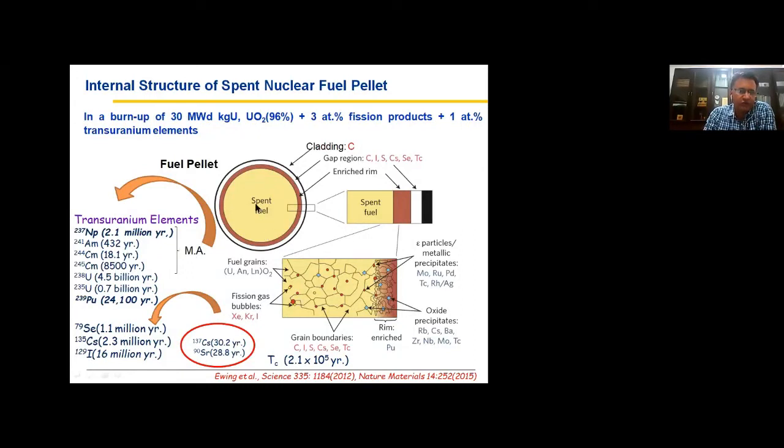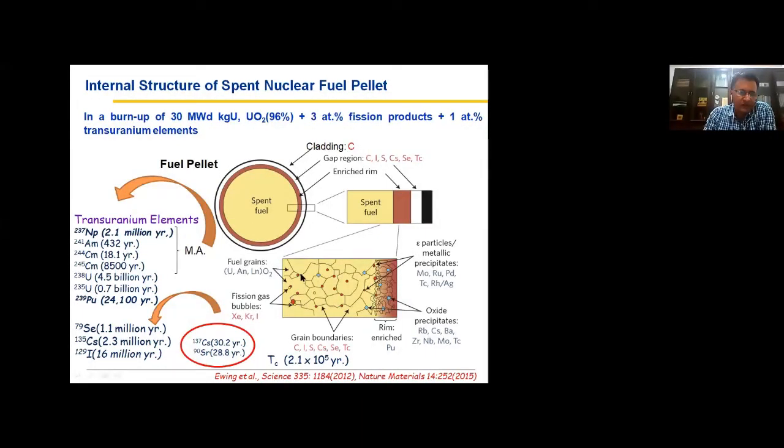So if we move from the center to the periphery, at the center you can see it is mainly containing uranium dioxide, lanthanide, and actinide oxide. And at the periphery, these are micron grains of lanthanide and actinide uranium dioxide.